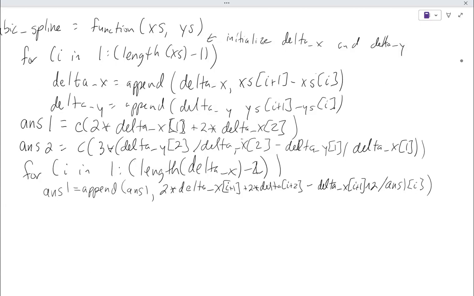Right? So when we go for our answer 2 here, this will be 3 times delta of y. Well, we're at step 1. This is referring to steps 3 and 2, isn't it? Just like the previous one did.